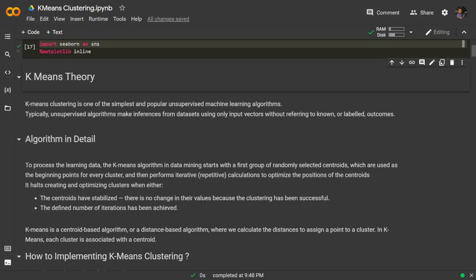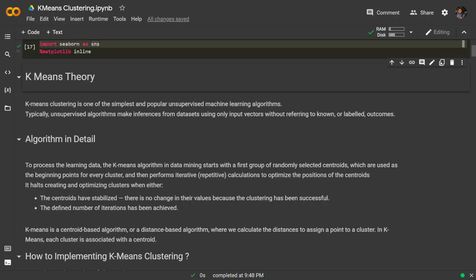the labeled outcomes. Now, the process of the learning in the k-means algorithm starts from a group of randomly selected centroids on the data, which are used as the beginning points for every cluster.